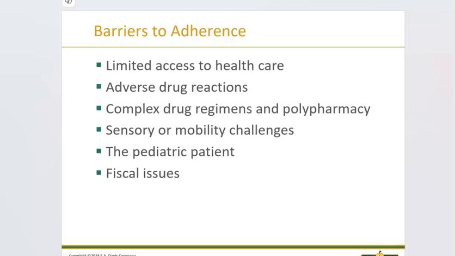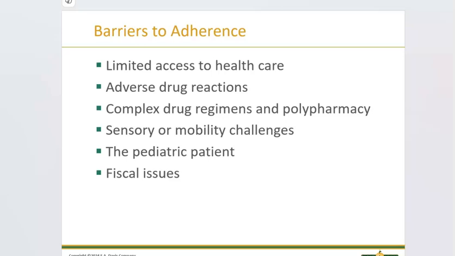So how do we break down the barriers to adherence? We have to know what is in the way. Limited access to healthcare, adverse drug reactions, polypharmacy, sensory or mobility challenges, pediatric patients, and fiscal issues.